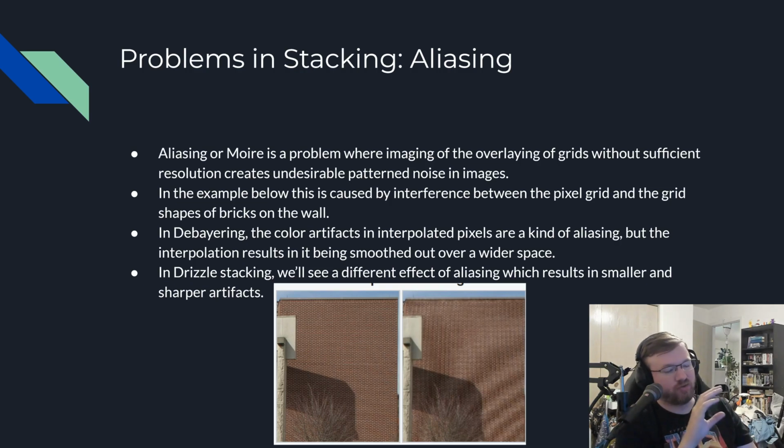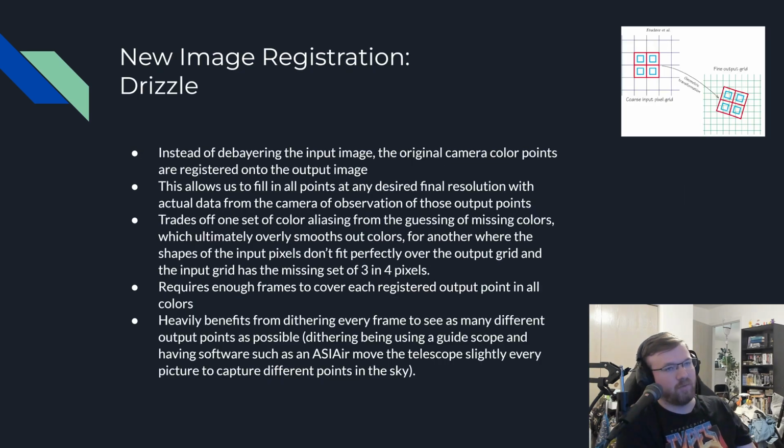In drizzle stacking, the new algorithm, we'll see a different kind of aliasing, which results in smaller and sharper artifacts, but also allows us to recover more resolution. So what is this new technique, drizzle? Instead of debayering the input image, we rely on those dithering shifts I talked about, where we're intentionally moving the camera around to different points, observing the object.